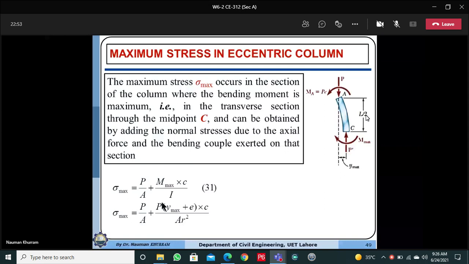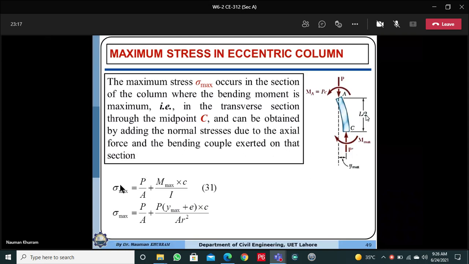So why is the principle of superposition not applicable? Let's suppose that when the load is 10, the applied stress will be equal to 10 megapascal. And when the load is 20, the applied stress is 40 megapascal.